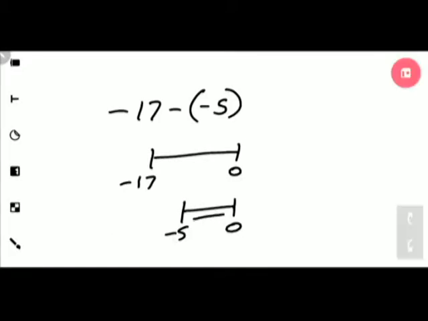We moved that direction, but since we are subtracting, we're going to go that direction, which means we need to go this direction 5 spots. And since 5 is less than 17, we're going to stay on this side of the 0. So we're just going to be right at negative 12.